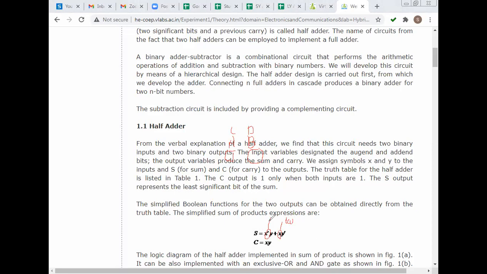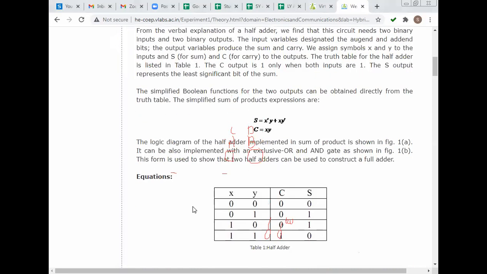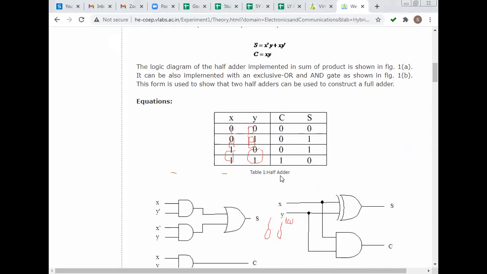And two outputs, which are the two outputs? We assign symbols X and Y as inputs and sum and carry as outputs. S is sum and C means carry. The truth table for the half adder is listed in table 1, below.